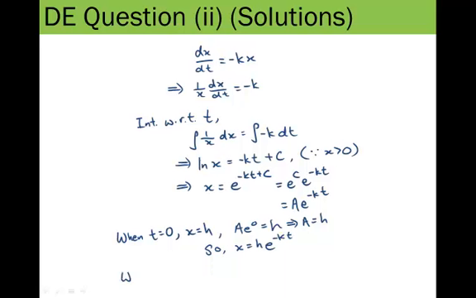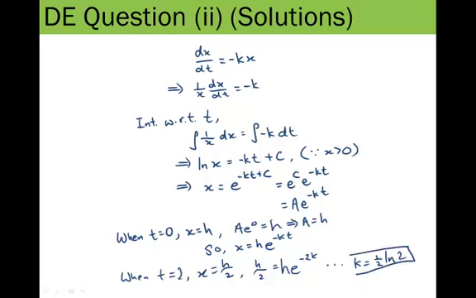Similarly, when t is equal to 2, we are given that x is equal to h over 2. So if we sub this into the equation, we will get h over 2 is equal to h e to the power of negative 2k. And if we were to solve this equation, we will find that k is equal to half ln 2.